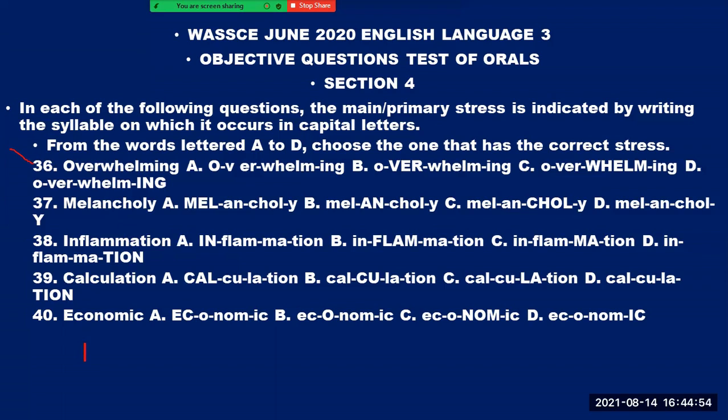The rule of intuition. Now, what do I mean by intuition? Intuition has to do with something already programmed within you as a speaker or a user of a language, because you have used this language or learned this language over time.